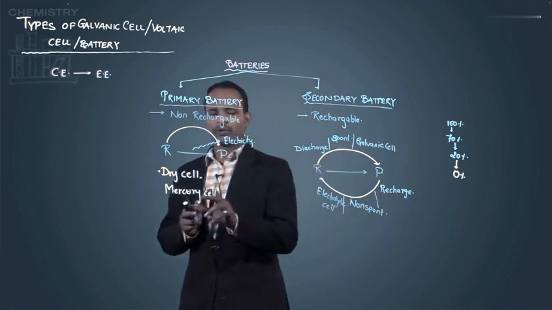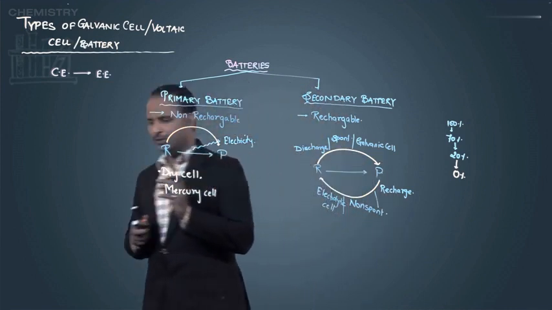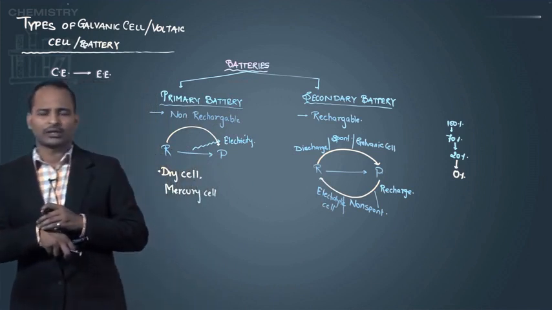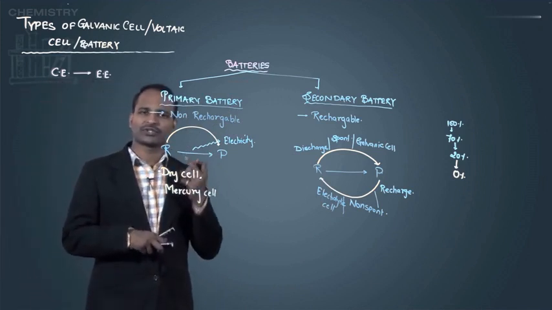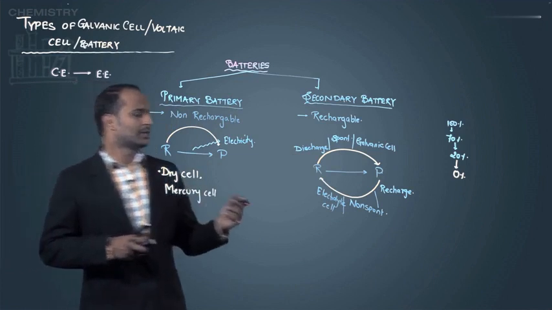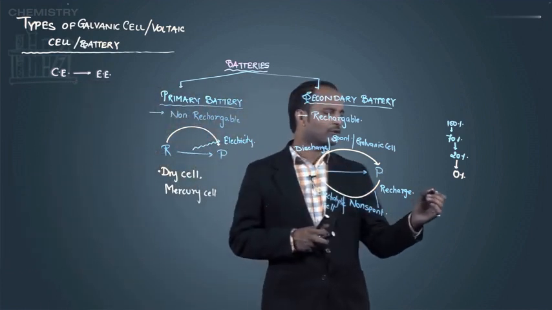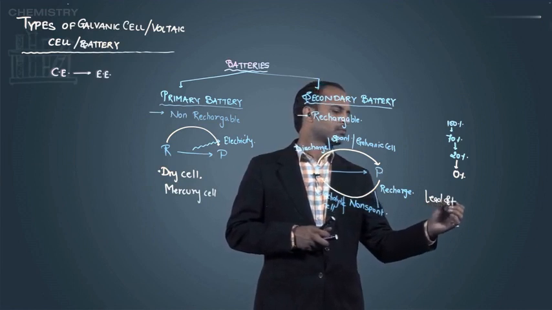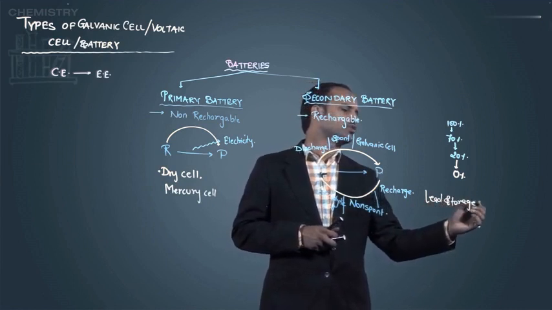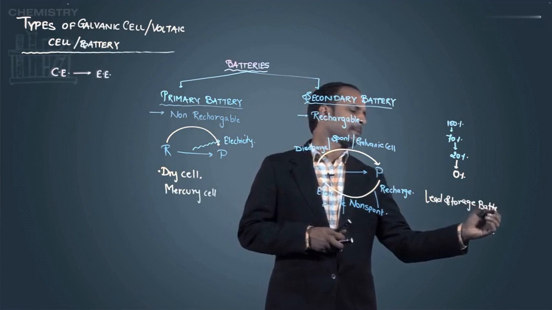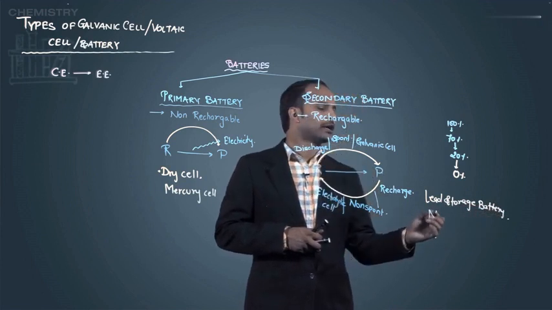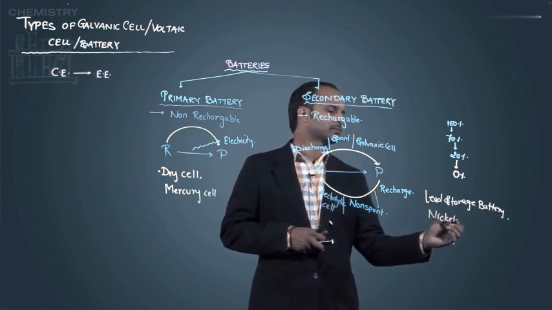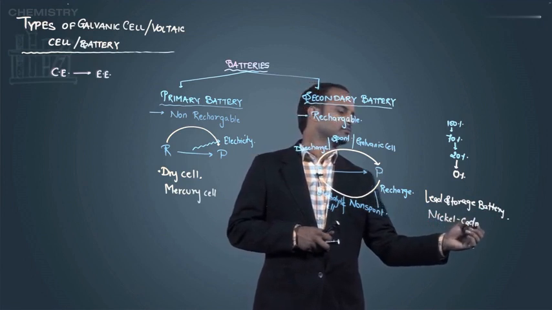Mercury cells are those we use in a watch or an earphone. Then the secondary batteries we are going to learn are the lead storage battery, which we use generally in inverters, and the nickel cadmium battery.